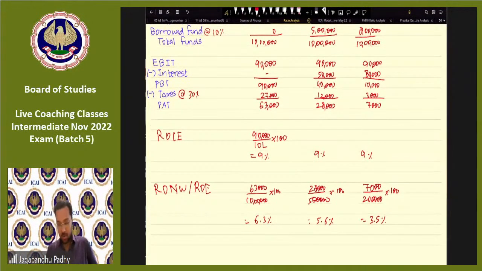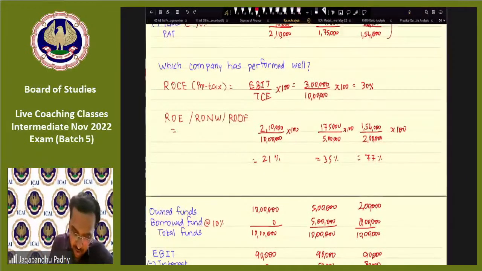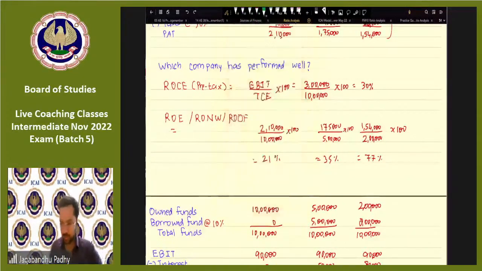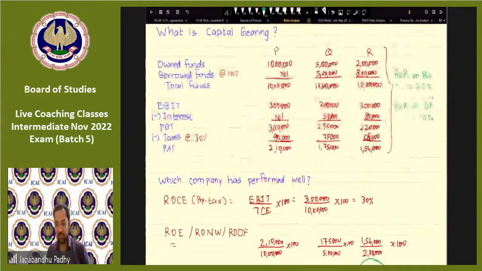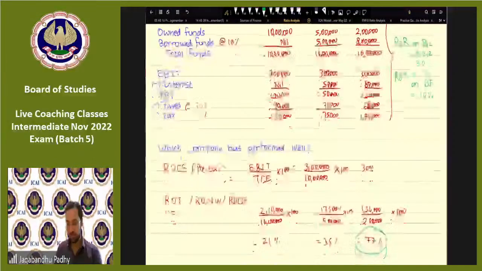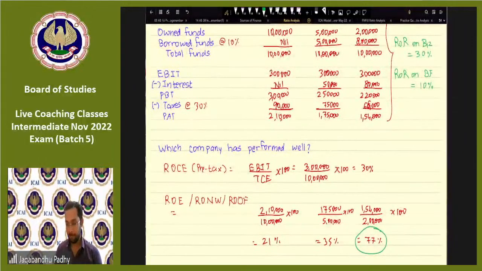Perfect. So now, if you look at it, the entire game has changed, sir. Earlier it was this 77% return. That's the company R, which is the best one, right?